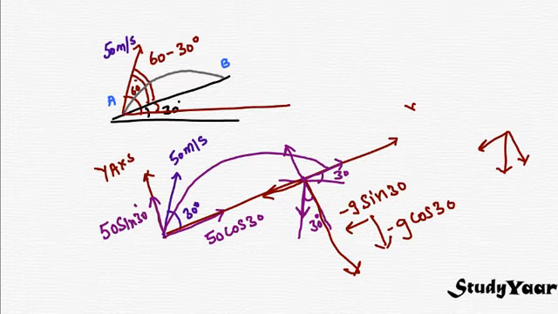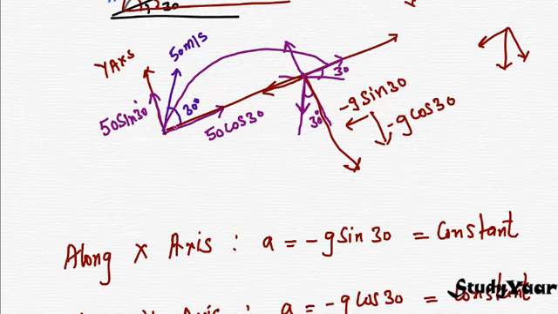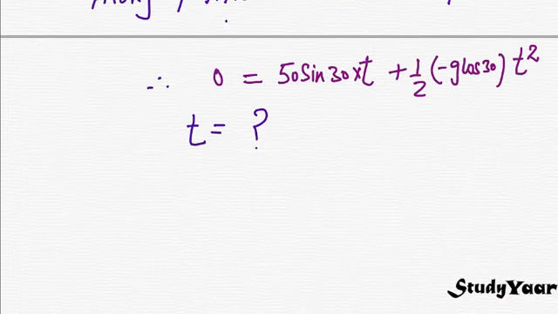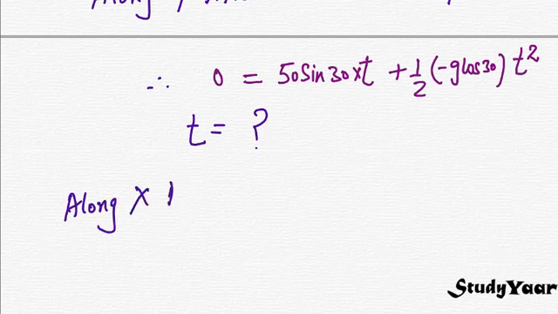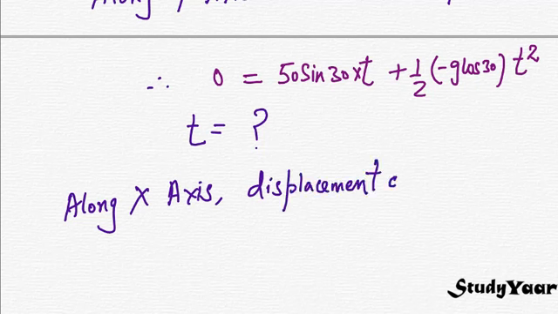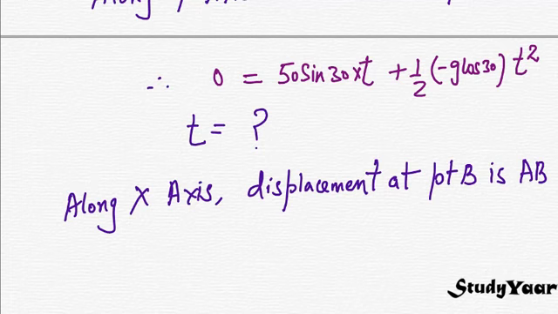What is AB? AB is basically my displacement along x-axis. So I'm just going to write over here, along x-axis, displacement at point B is AB. It is the length AB.